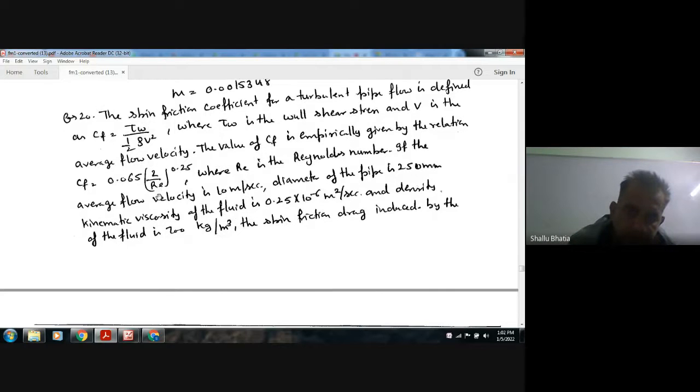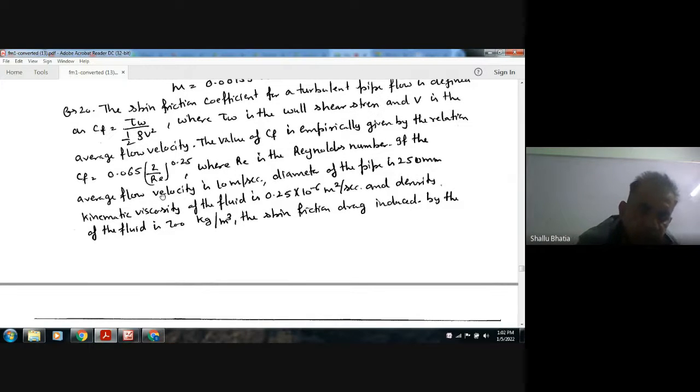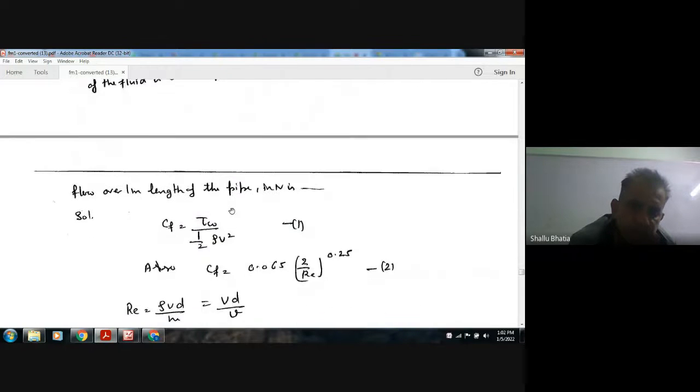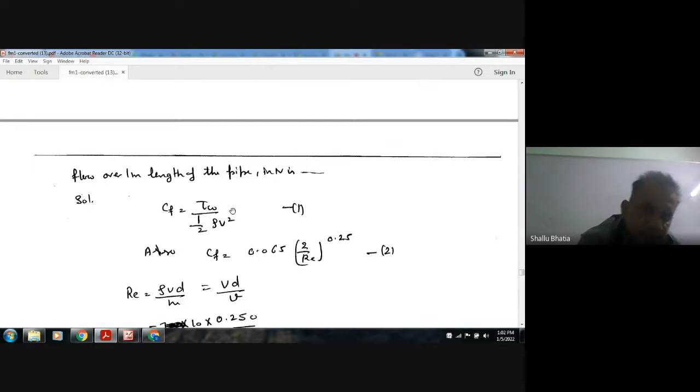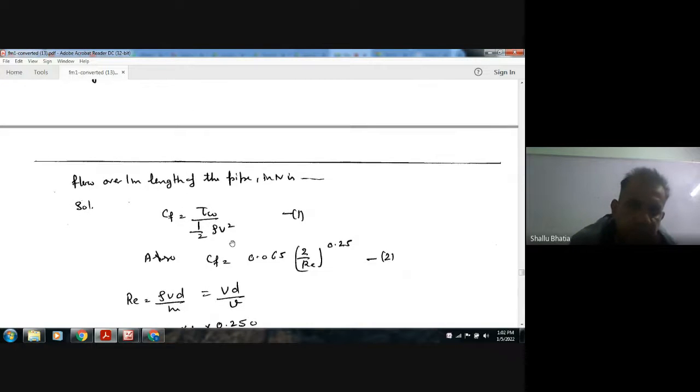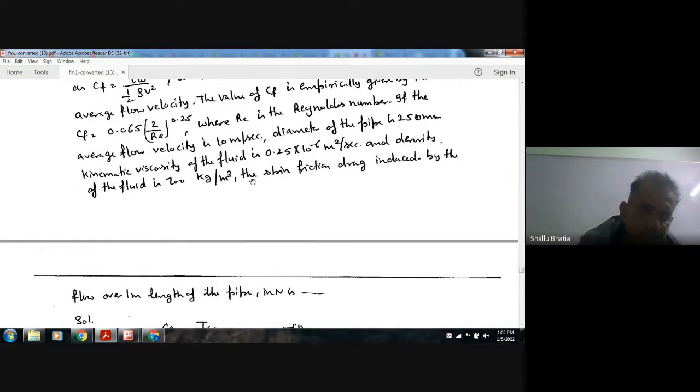The average flow velocity is 10 meter per second, and the diameter of the pipe is 250 mm, so we can find out the velocity, which is given.